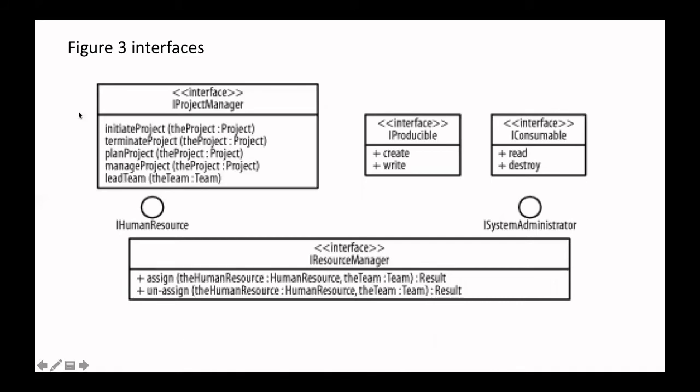First, here we are creating interfaces in the project manager class: initiate project, terminate project, plan project. These are the actions taken by the project manager, defined in the project manager class.